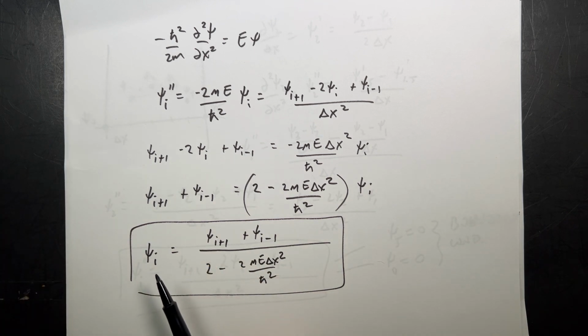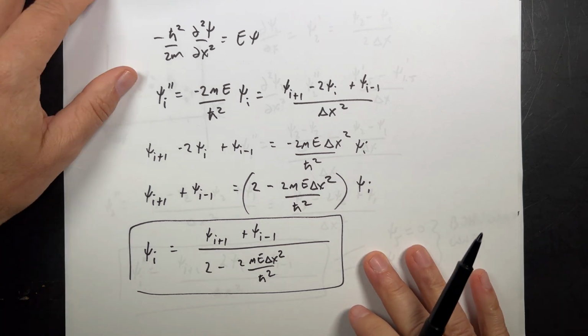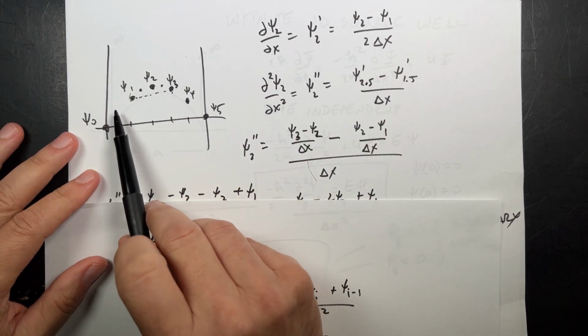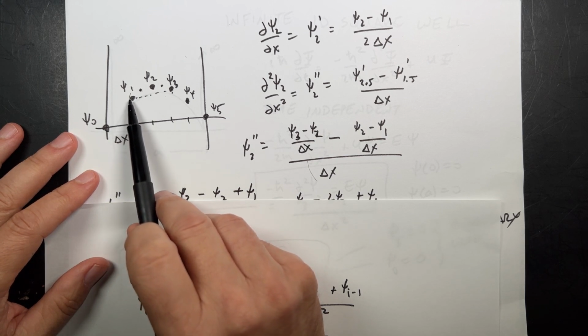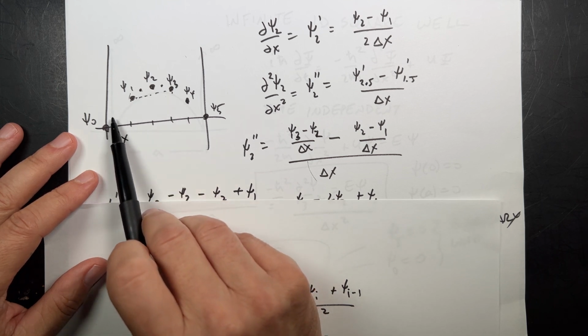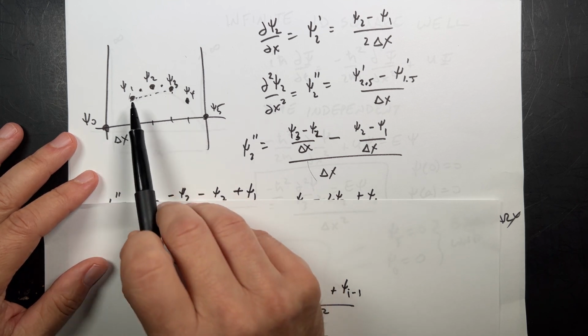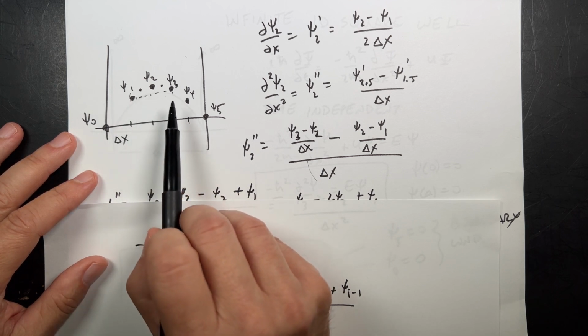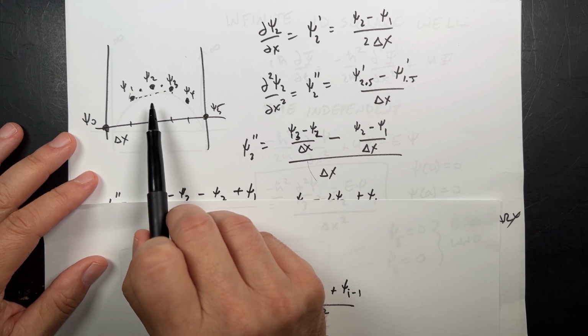So I can go through, if I know all my values, and use the existing values of psi 1, 2, 3, 4 to find new values. So it'll get a better solution. And then I can use those new values to find an even better solution, and then again an even better solution.